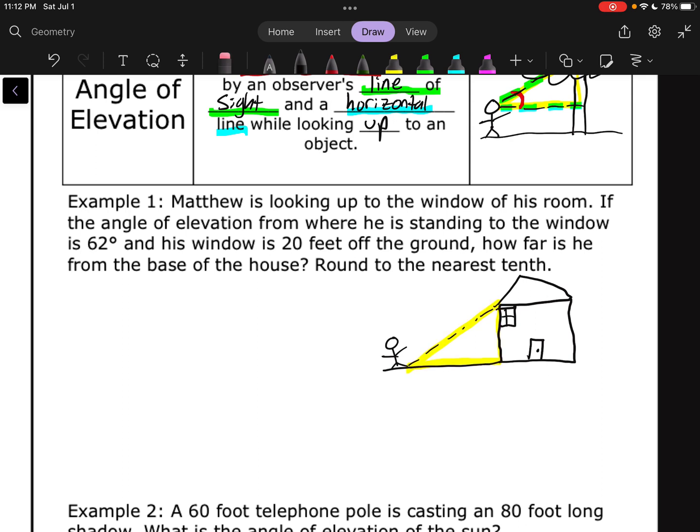And the angle of elevation from looking up is 62 degrees. His window is 20 feet off the ground. And how far is he from the base of the house? This would be our x, right?